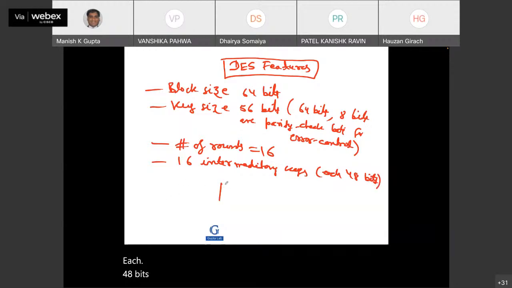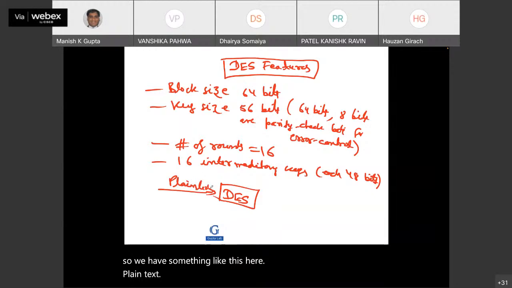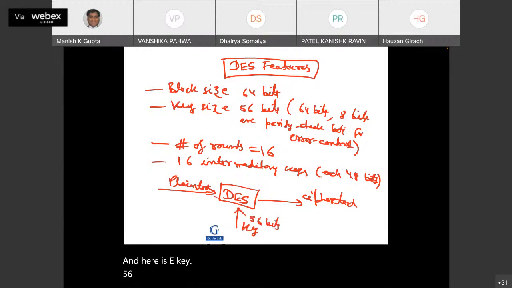Okay, so we have something like DES here: plain text, then we have ciphertext, and here is a key, 56 bits, plain text 64 bits, and ciphertext 64 bits.